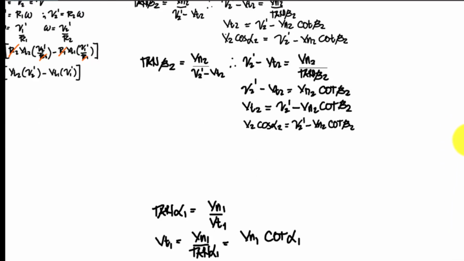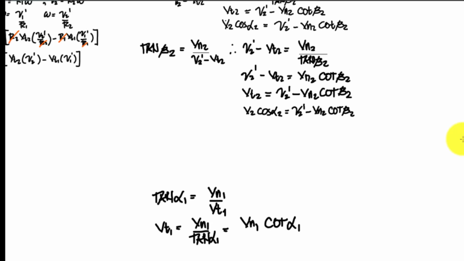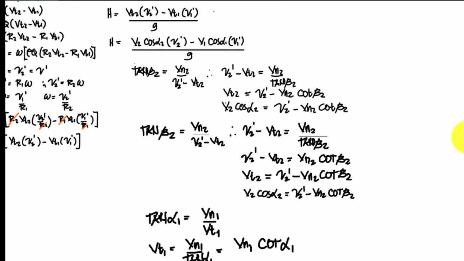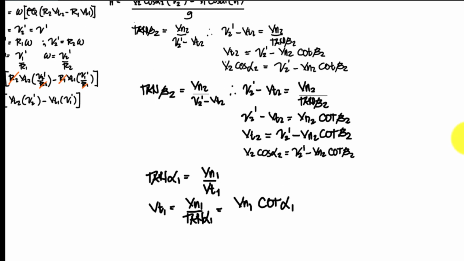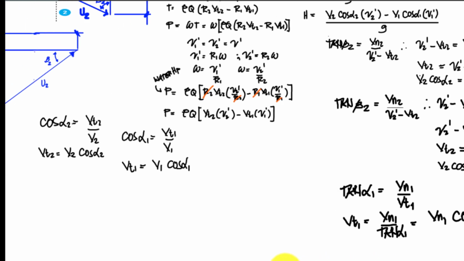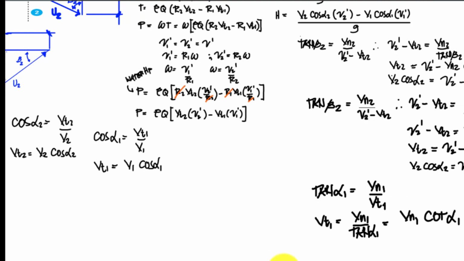Then for the other side, at point 1, again we can also substitute the values of the tangential velocity. So let's try to apply that one. You will notice here the value of the tangential velocity at point 1 is equal to the absolute velocity times my cosine of alpha.